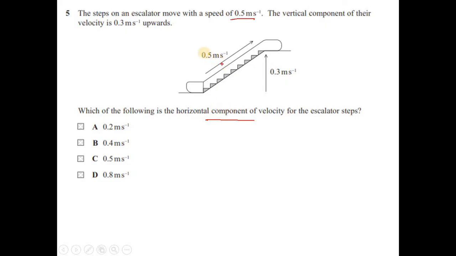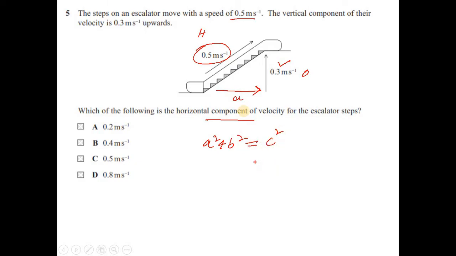We have a resultant velocity, we have one of the components, and we need to find the third, the horizontal component. You have a right angle triangle, so this is your hypotenuse, and one of these is your opposite and the adjacent, and you know that a square plus b square is equal to c square.